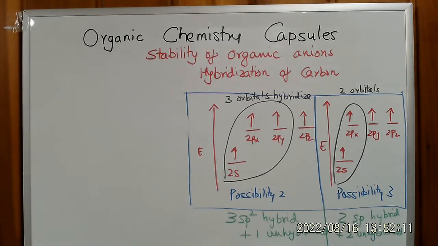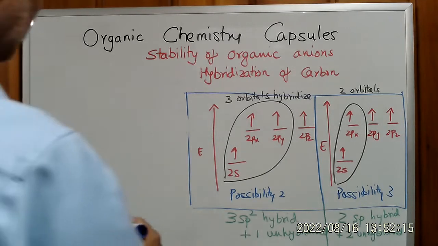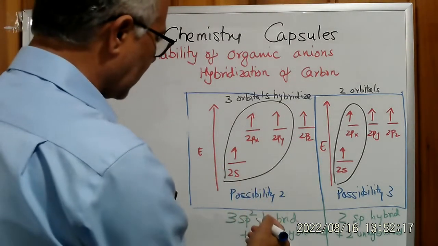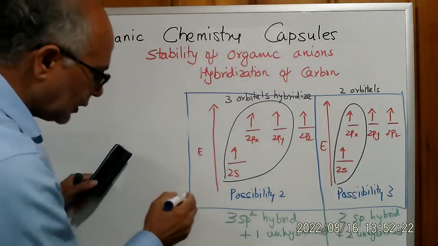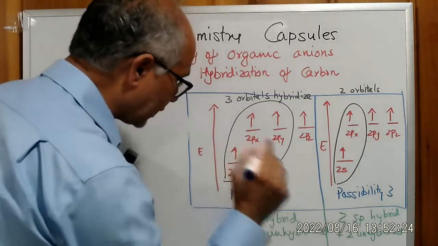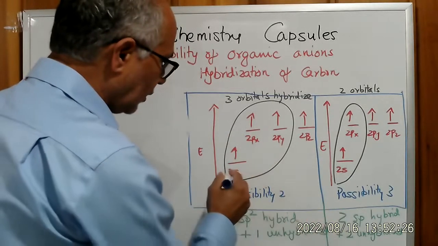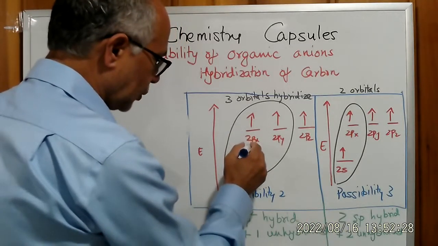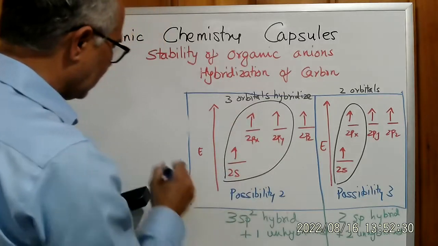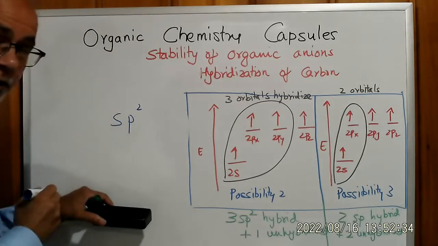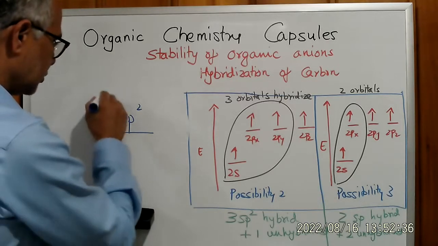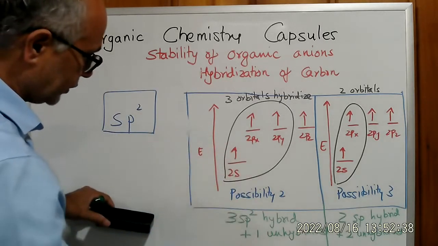Now in this middle portion of the board, we have a different hybridization, which is called an sp2 hybridization. In the sp2 hybridization, we notice the orbitals that hybridize are the 2s, the 2px, and 2py. So the 2s orbital and 2p orbitals are hybridizing. So this is called sp2 hybridization.